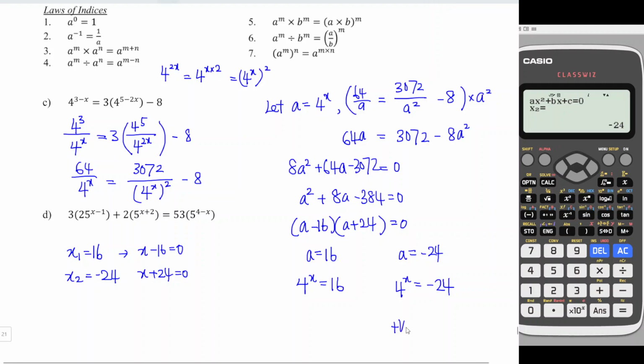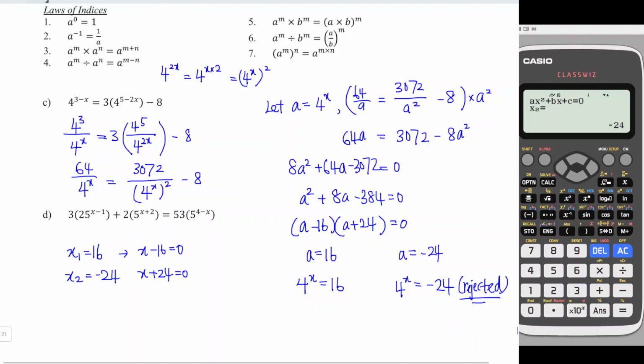Any positive value raised to any power, let's say n, will definitely give a positive value. We won't have a negative, which means that this is not logical. So we should reject this value. So this is rejected, which means that we have only one value left.